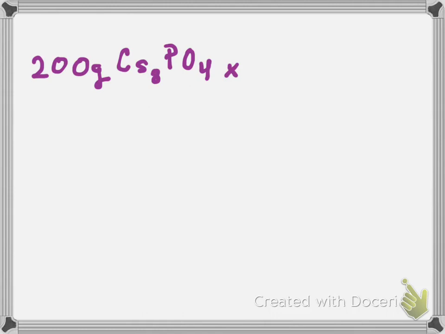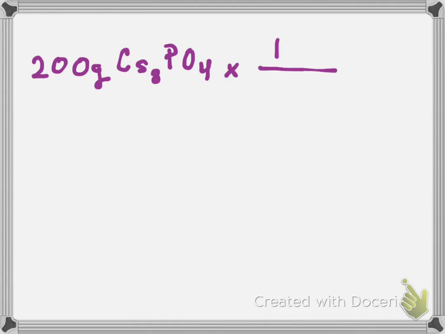All these unit conversion problems. The answers I gave you in class, I'll go over these quickly here. For number 5, you have 200 grams of cesium phosphate. So you do need to get the formula mass of that, and you're basically going to divide by it.